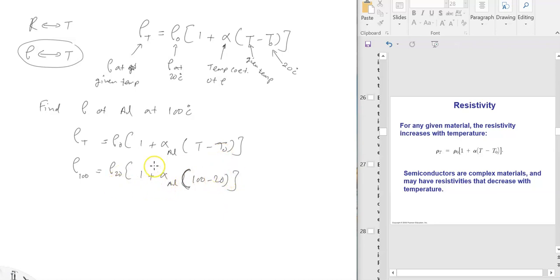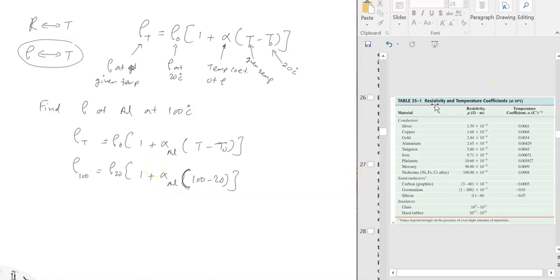Now, alpha aluminum, we go back to the table. Let me show you the table. Look for the third column, temperature coefficient per Celsius. Where's aluminum? 0.00429 per Celsius. So that's what goes here. Let me write this again.